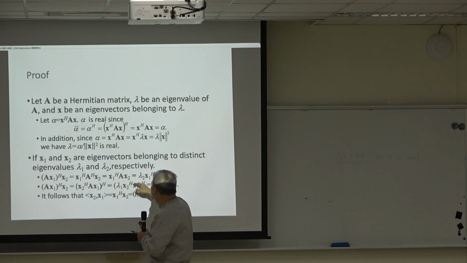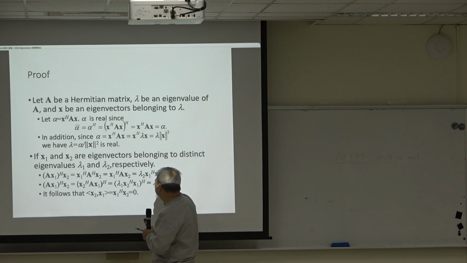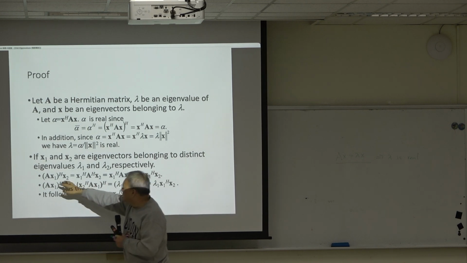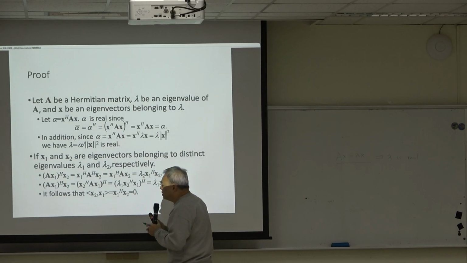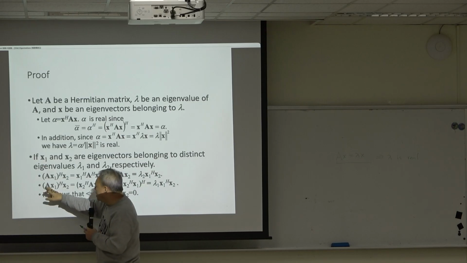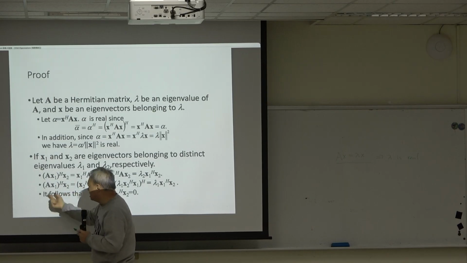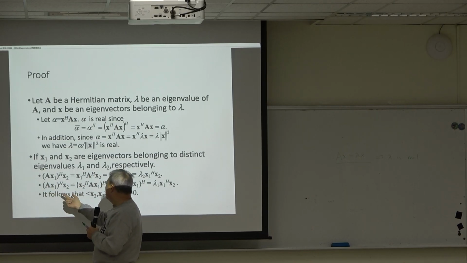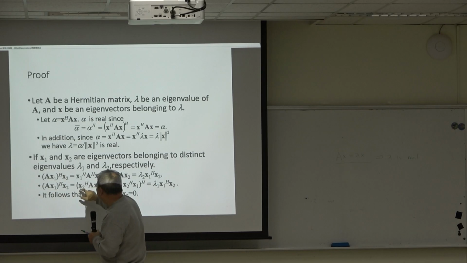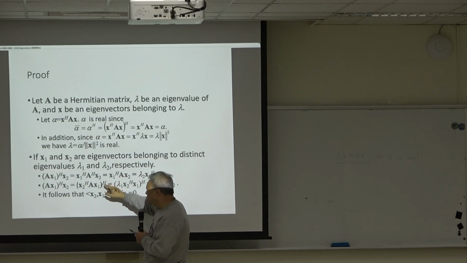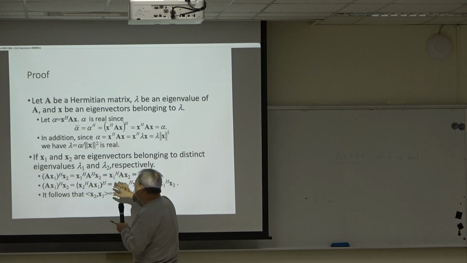So for Ax2 we can get lambda 2 x2. So we have this thing equal to lambda 2 x1^H x2. Another way to deal with this is to get the H out. This thing equals this one.